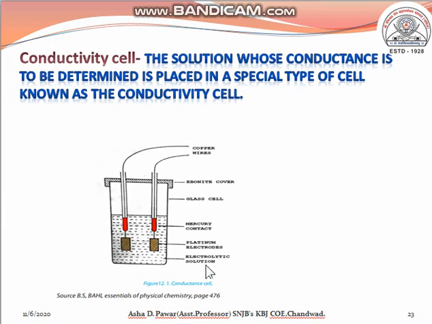The electrolytic solution can be taken in a beaker or any glass jar, and we directly place the two platinum electrodes, in contact with mercury, in the electrolytic solution. The distance between the platinum plates is 1 centimeter. So the conductivity cell is used for the measurement of conductance.